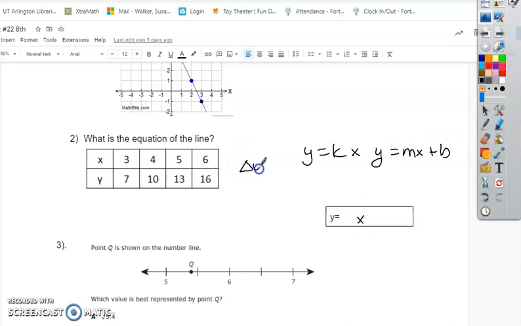So delta y over delta x, whatever you get there, that will be your m. And here's your big old hint, guys. 6, 5, 4, 3, 2, 1, 0. That is b right there, whatever you get. If it's positive, if it's negative, that's your b.